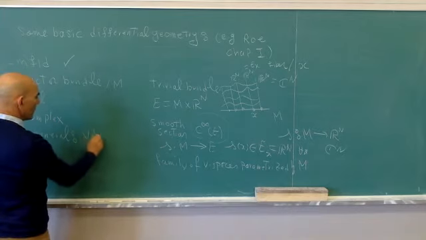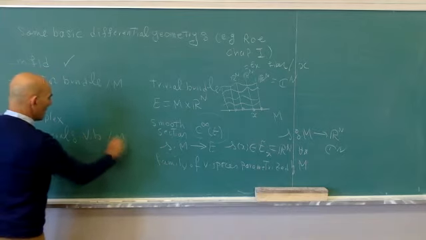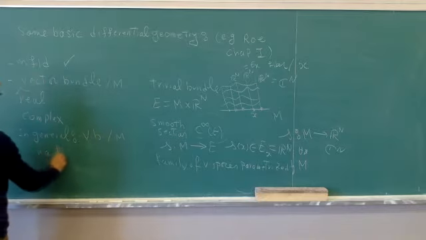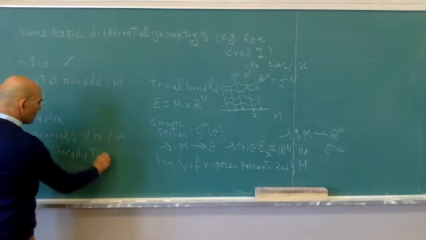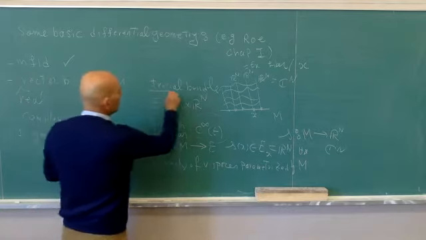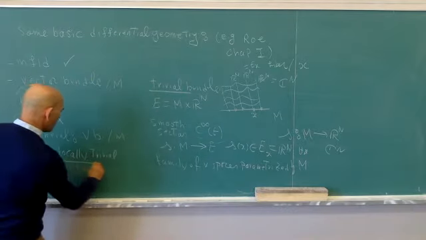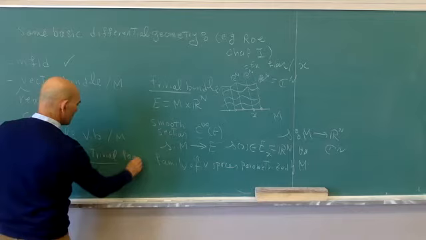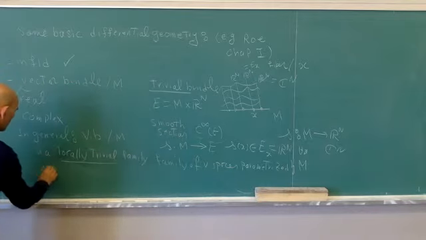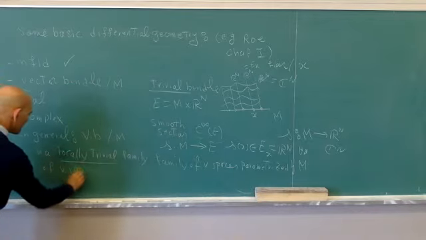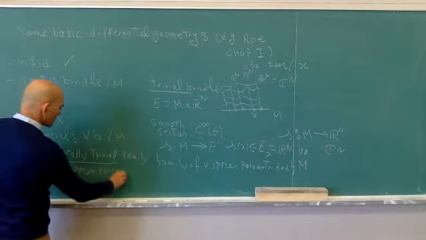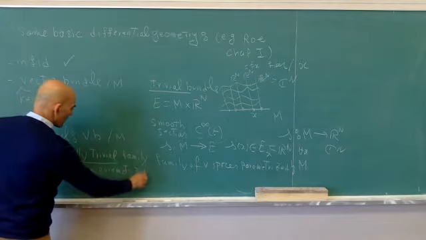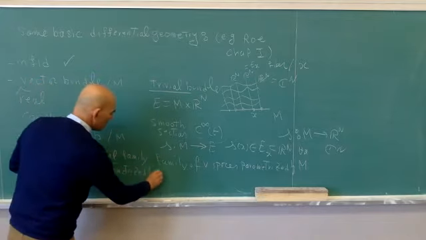I write VB, a vector bundle over M is a locally trivial family of vector spaces parameterized by M. This was the idea of trivial; now this time you say locally trivial.